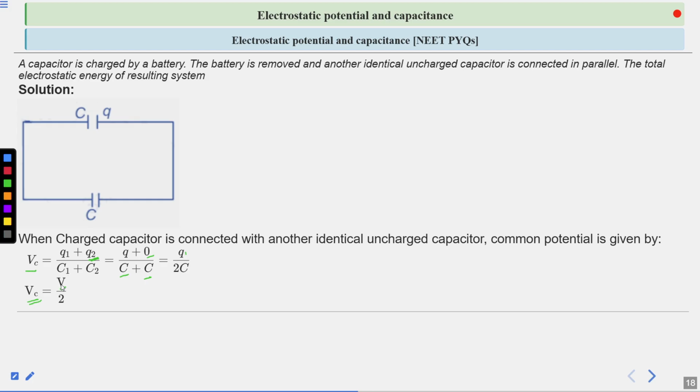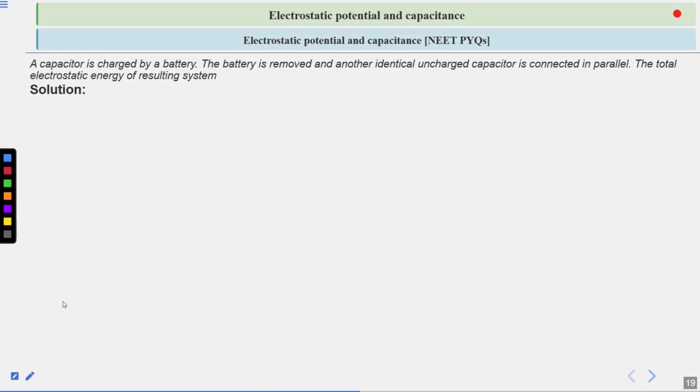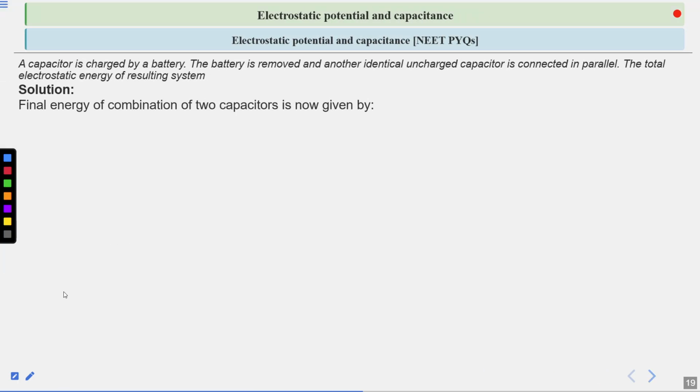So V was the initial potential on this capacitor, and V common is V by 2. Final energy of the combination of two capacitors is now given by: final energy Uf is half C (V by 2) square.